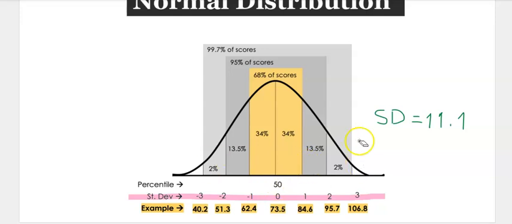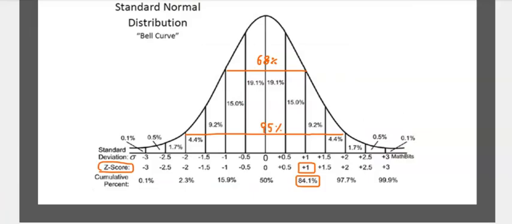So we saw this already, and now you can see more details. Again, the standard deviation and the z-scores. As I just said, z-score is the score minus the average, divided by the standard deviation.